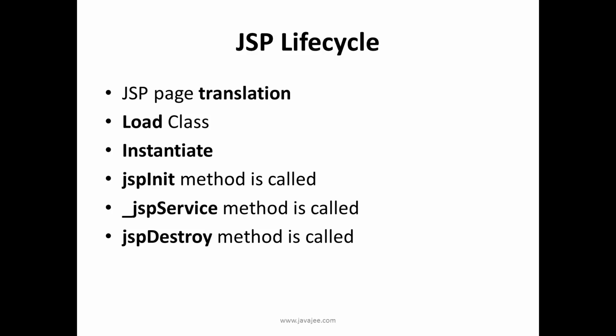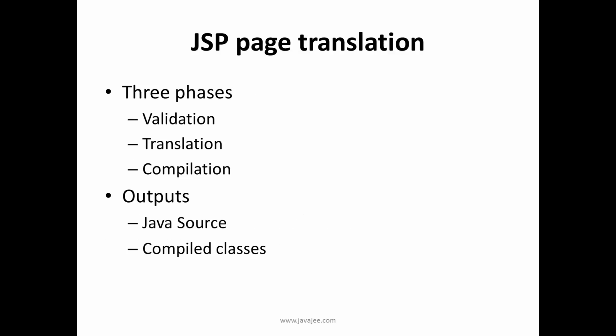This JSP page translation phase converts the JSP into a servlet. Other steps like load, instantiation, jspInit method, jspService, jspDestroy, etc. are very similar to that of servlets. JSP page translation is the first step in the lifecycle of a JSP page.